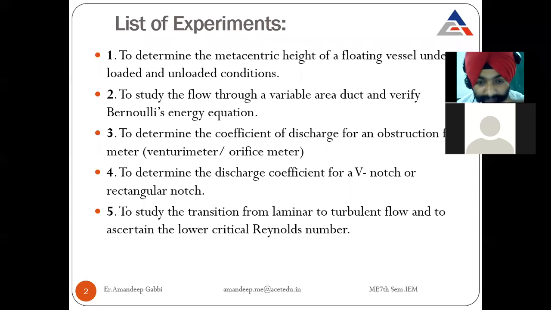So the Reynolds number is an equation. If you put some values in that and the value comes out less than 2000, the flow will be laminar, and if the value increases beyond 2000, then it will be a turbulent flow. So this experiment is to detect whether the flow is laminar or turbulent using the Reynolds number.